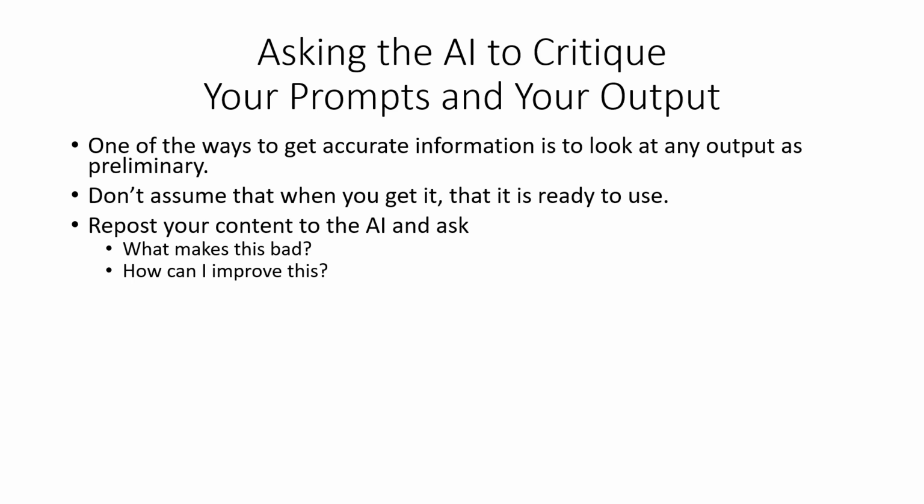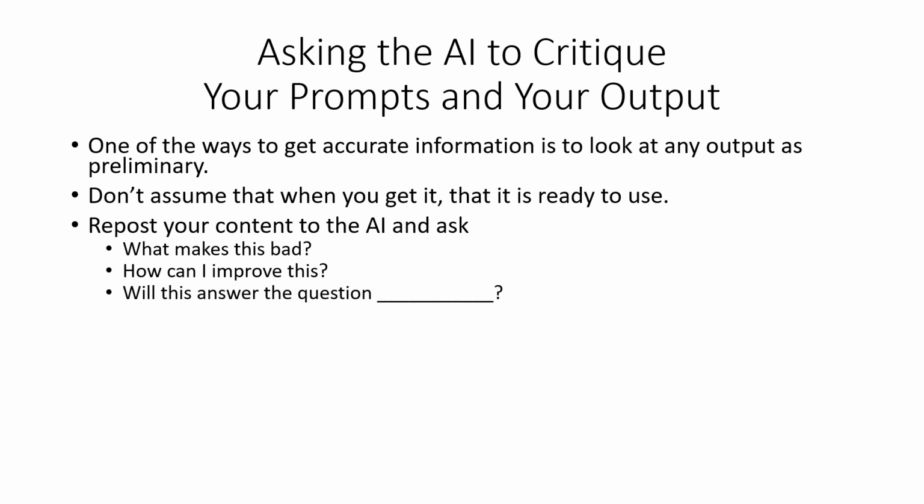However, if you want higher quality, all you've got to do is be religious about taking the output that you get, putting it back into the chatbot, and asking how it can be improved, or asking what makes this a poor example of what I'm talking about. It will then give you the answer that you were asking for.